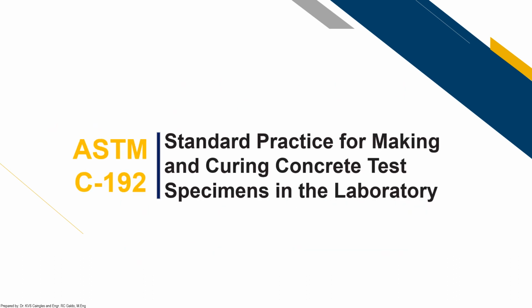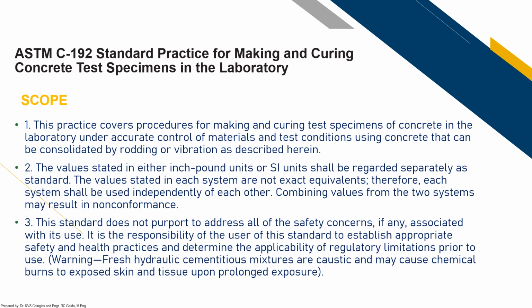Okay, so first we talk about ASTM C192, or the standard practice for making and curing concrete test specimen in the laboratory. First we talk about the scope of this test procedure.